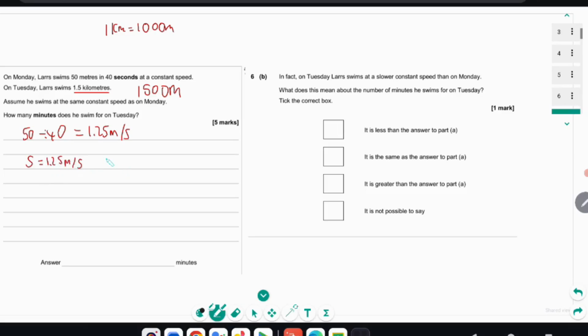The distance is, I've already converted it into metres, 1,500 metres. Speed equals distance over time. So there's my speed, there's my distance, divided by time. Times both sides by t.